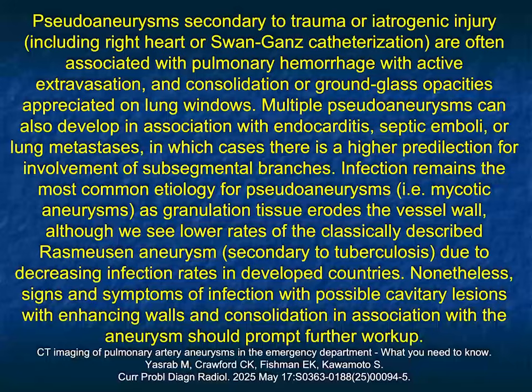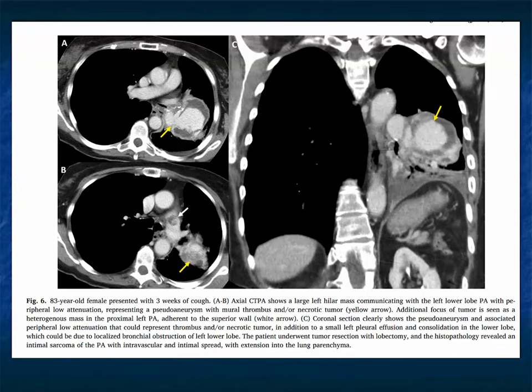One of the things we think about with IV drug abuse, though it's uncommon, is pulmonary artery aneurysms and pseudoaneurysms. The classic Rasmussen aneurysm, which is better described than commonly seen, is due to tuberculosis, but probably in third world countries, you're going to see it much more commonly than you are in the United States.